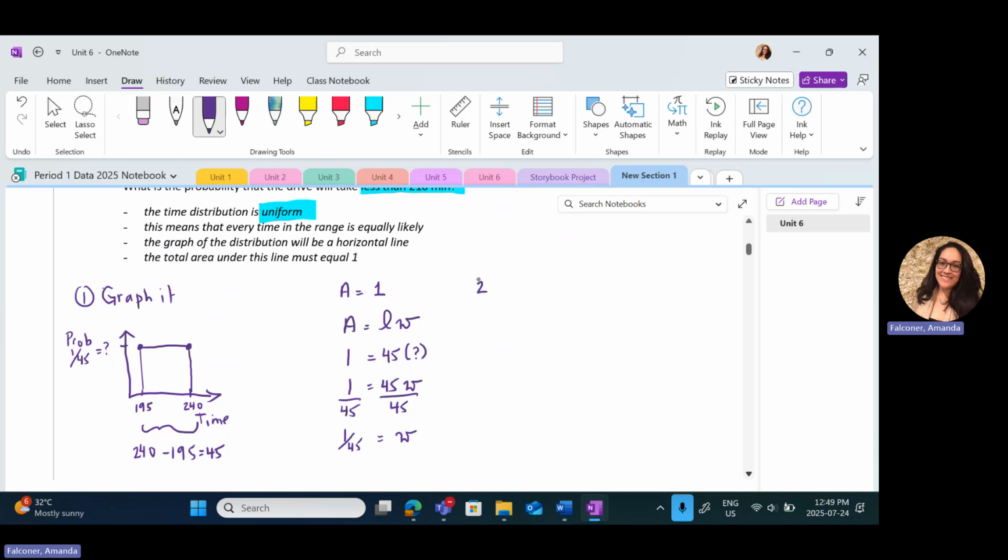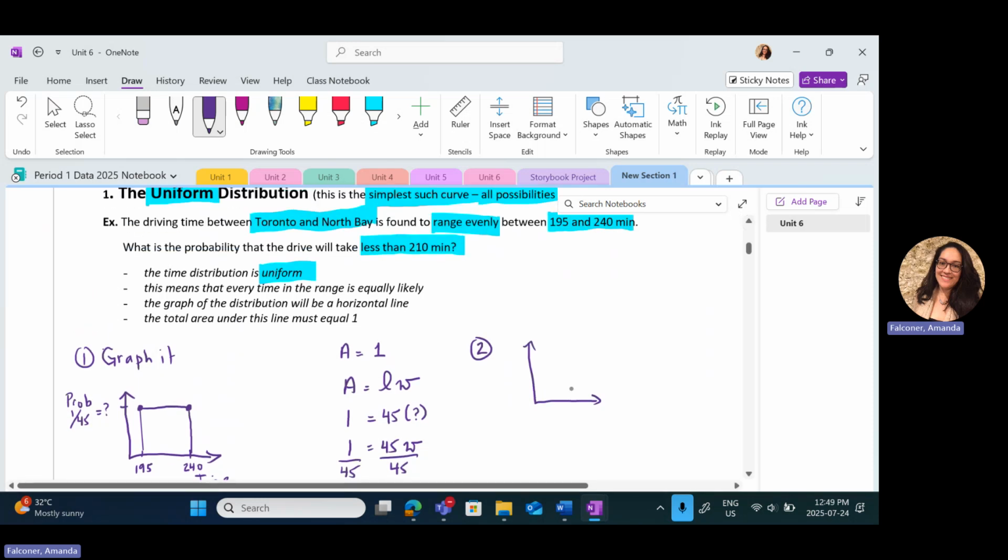The next step is to answer the question. They want the likelihood of it being less than 210. So originally it was 195, and now we want it to go to 210. This is like a smaller slice of that square. We know that the height is still going to be the same, 1 over 45. But now the width has changed. So I'm going to take the difference here, and that's 15. So that's the width.